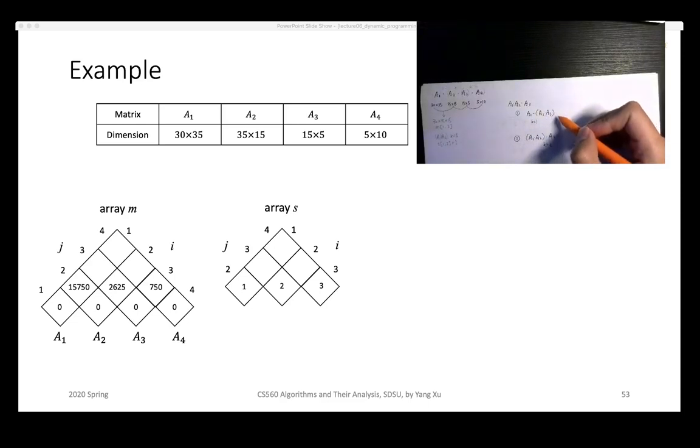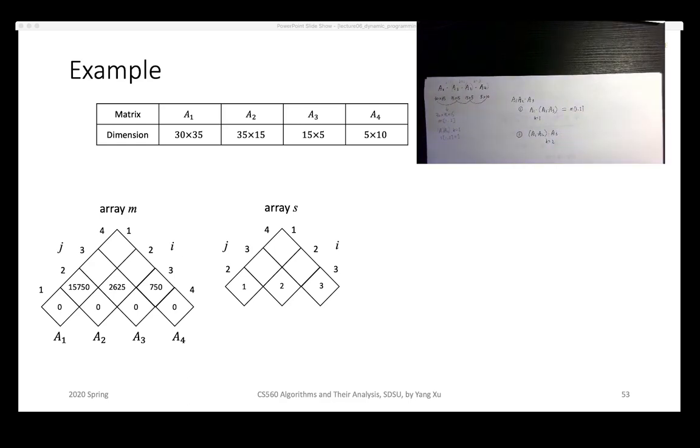let's go to option 1. In this case, the total cost of this split is the cost of the first subproblem, which is just A1, so M11. According to our pre-computation, M11 is really 0, because it's just one matrix.